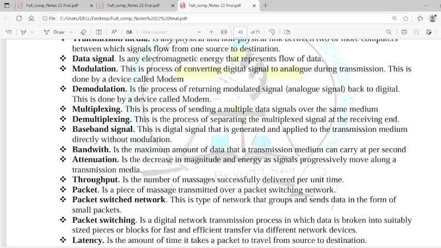The analog computers are the computers that represent data in a continuous form, in measurement quantities. Then the digital computers represent data in a discontinuous form, in a binary form, or in bits, or the data is represented in bits.